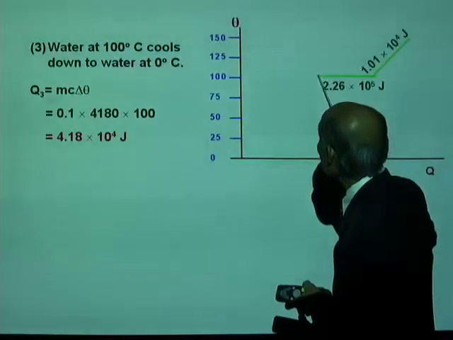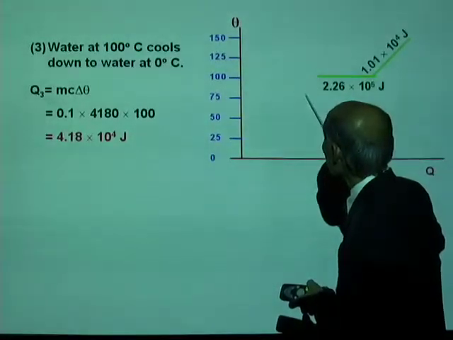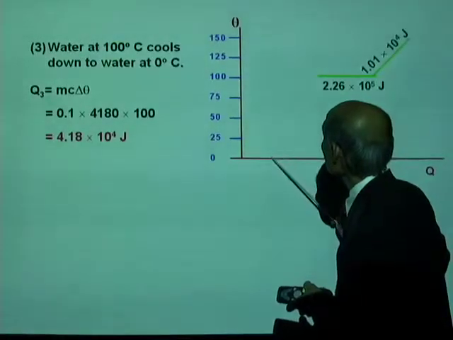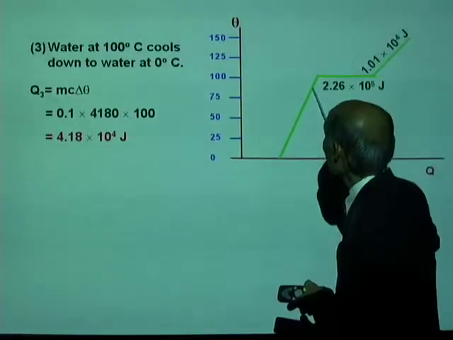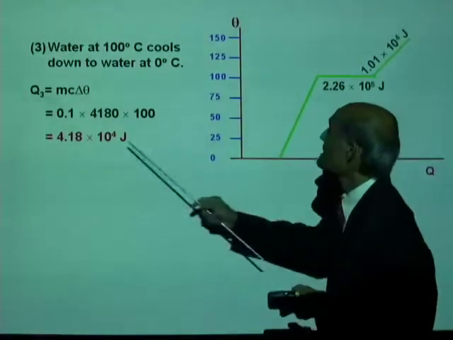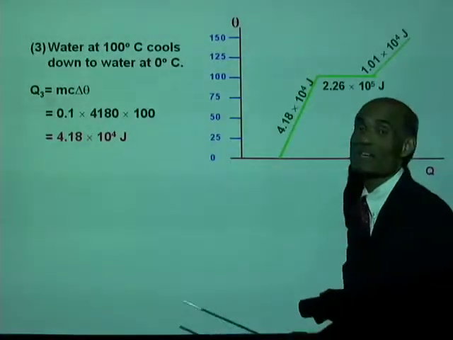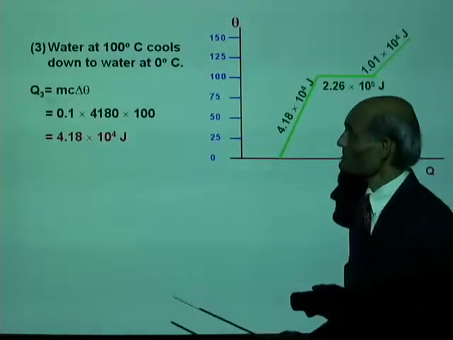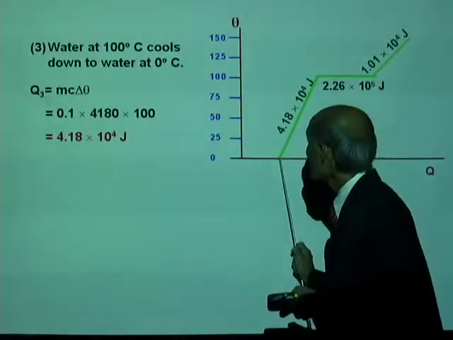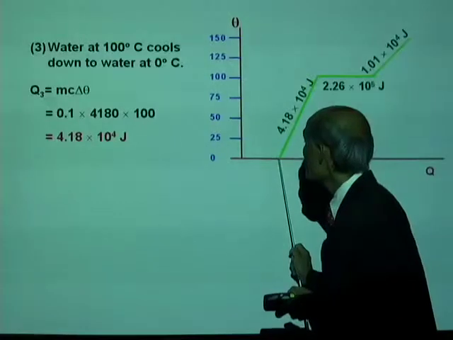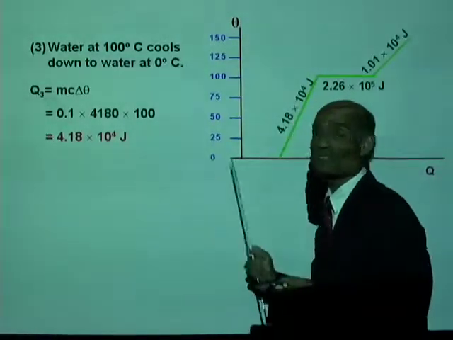How will we represent it here? Water at 100 degrees here is going to cool down to 0 degrees Celsius. This is the state, and the amount of heat lost during that time is 4.18 times 10 to the 4 joules. Okay, what is the next stage? Water at 0 degrees Celsius is going to freeze to ice at 0 degrees Celsius.